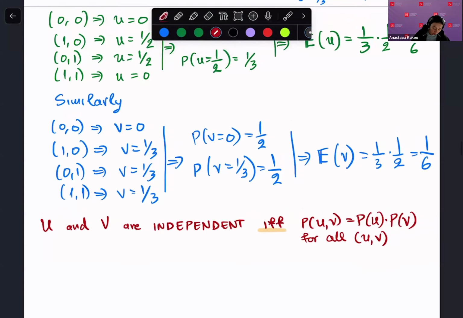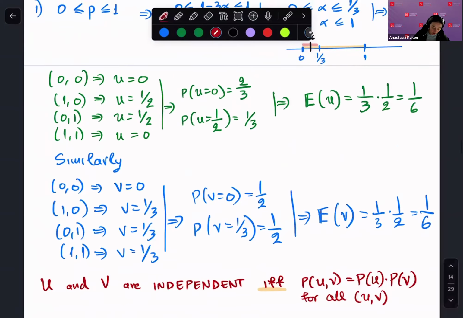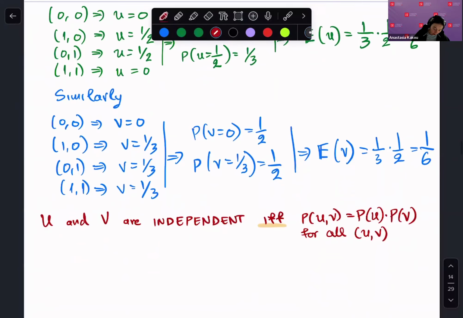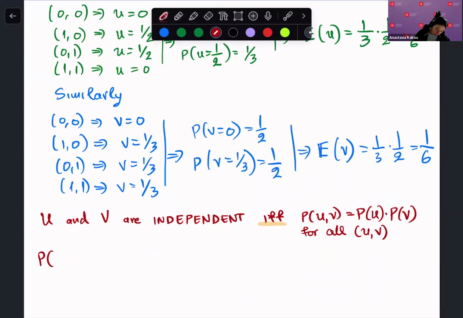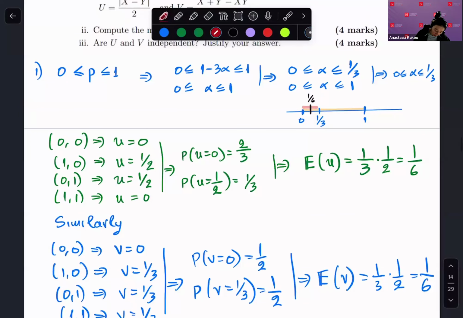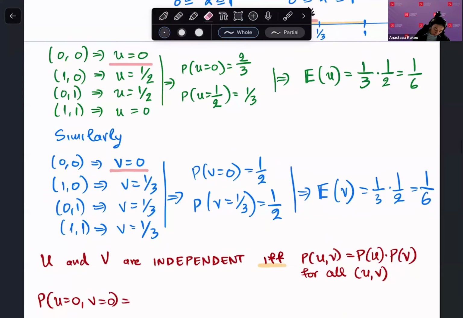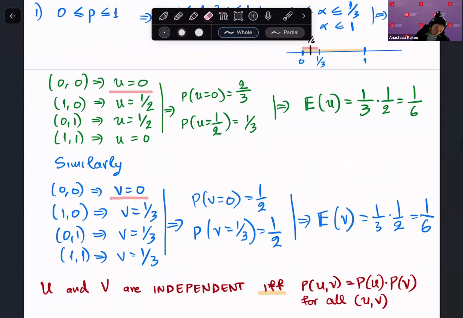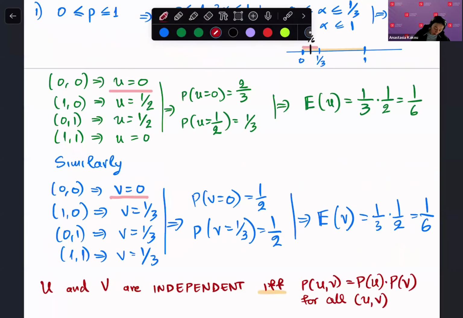Okay, so if we start with a pair 0, 0, let's take the probability of u equals 0 and v equals 0. In which cases does this happen? Well, let's identify this. So v equals 0 here and u equals 0 there. So this happens when x equals 0 and y equals 0.